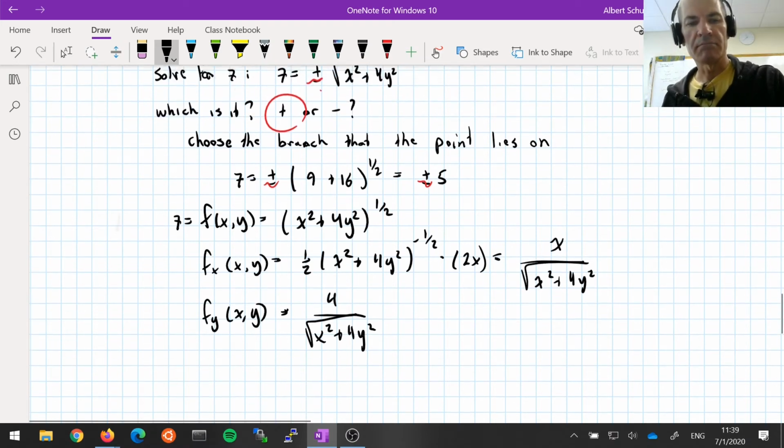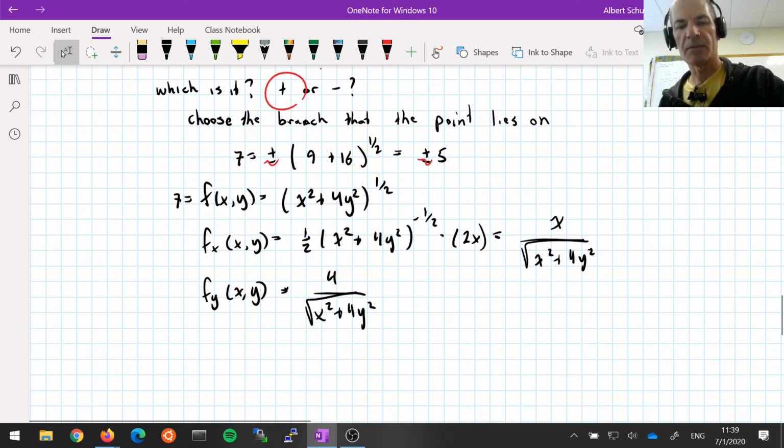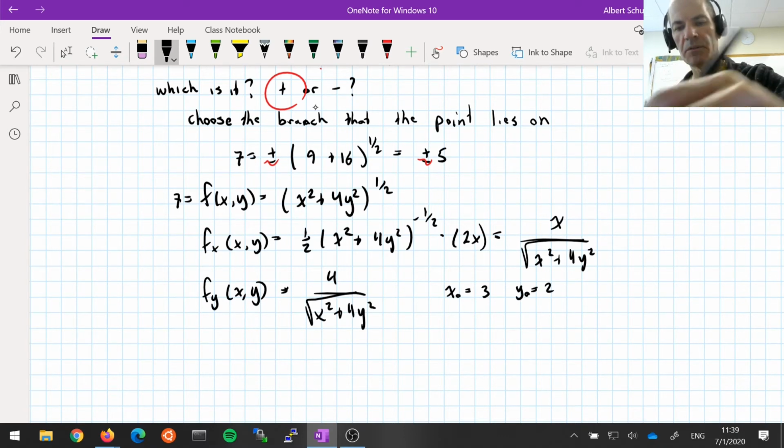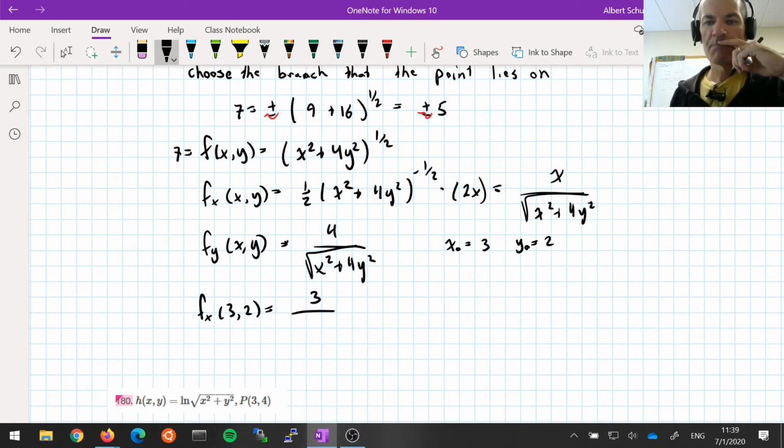Now, we don't want these general partial derivatives. We want the tangent at the point (3, 2). So we want x naught equal 3, y naught equal 2. f sub x of 3 and 2 is, let's look at it over here, it's going to be 3 over 5.